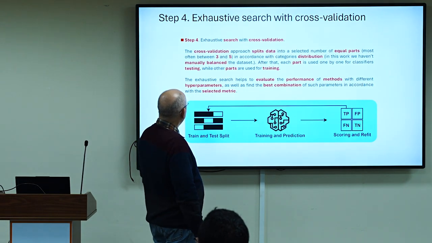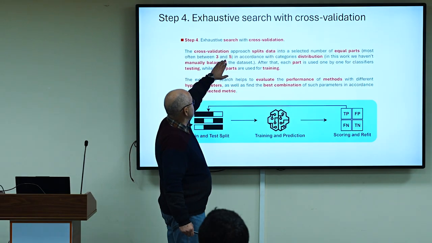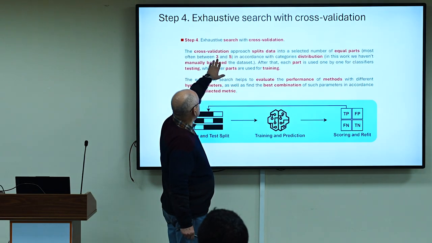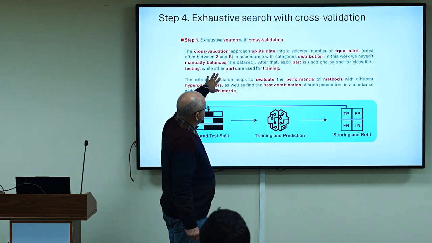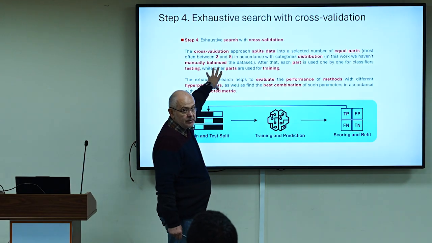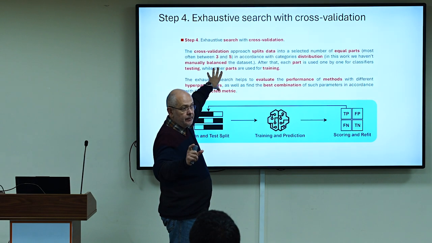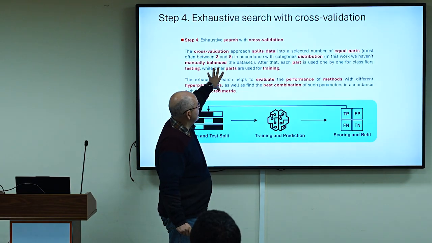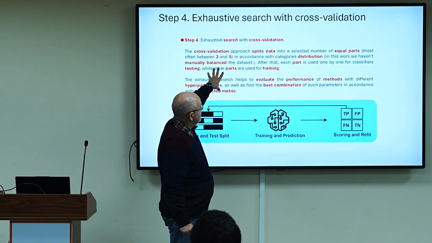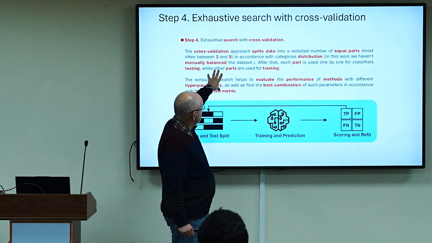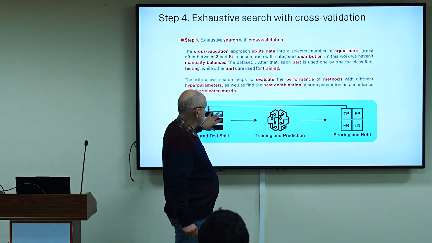Usually this is constant, this 5. You could change it to 3. So the cross-validation, I mean this: you separate the data into 5 different sets, some of them for training, some of them for validation.